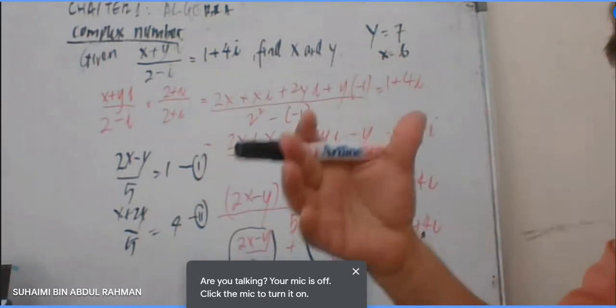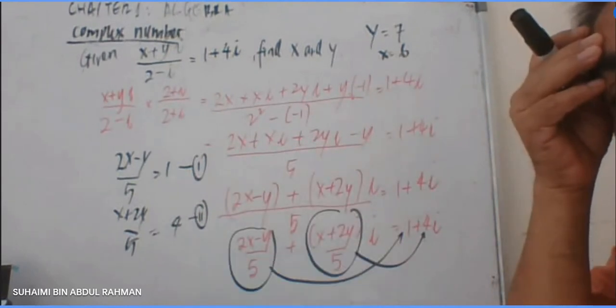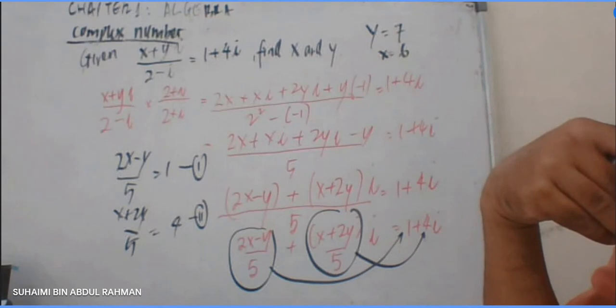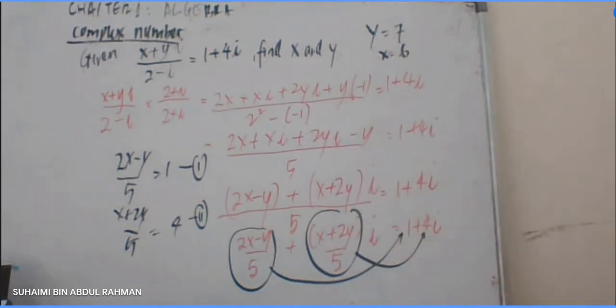Then solve, because this is only linear. Using simultaneous equations, you're supposed to get y equal to 7 and x equal to 6.